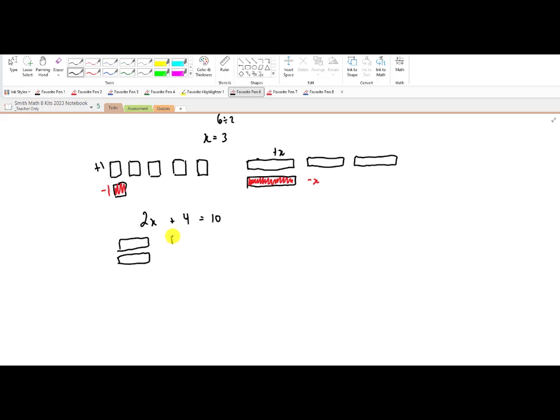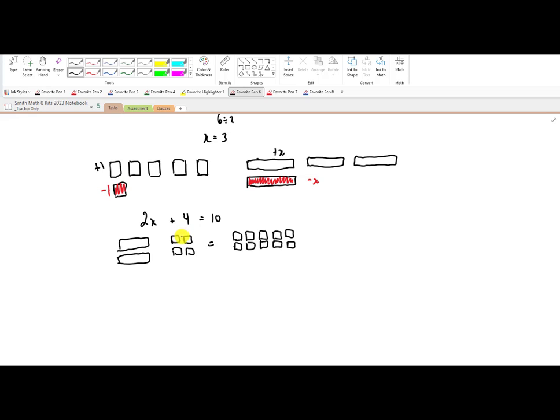And I'm going to have 4 of these squares. Everything's positive, so I don't have to do any coloring. And then on this side, I have 10 of those squares. So that's 6, 7, 8, 9, 10. So this drawing represents that equation.